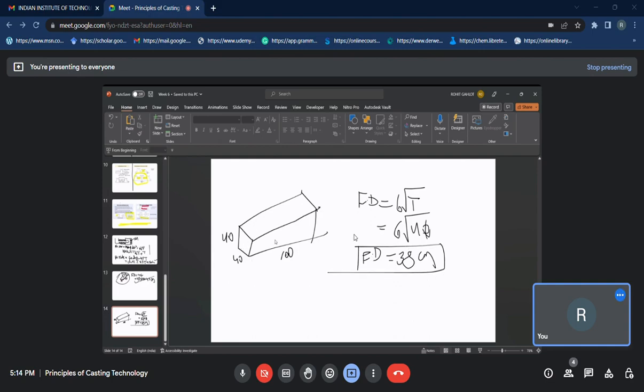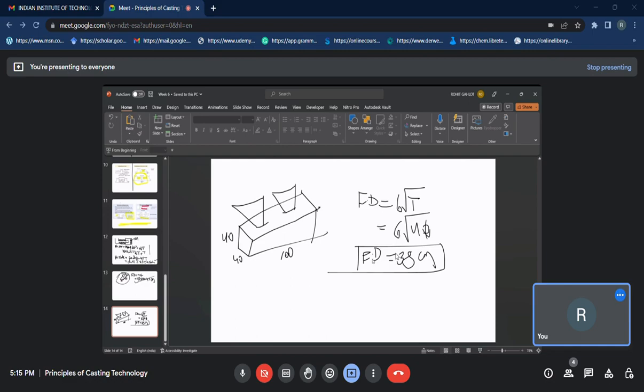So this is the feeding distance. As one riser will feed 38 distance only, you need to put two risers. If anyone asks you in the exam what is the number of risers needed, you can calculate the feeding distance and then see the ratio. One riser can feed up to 38 centimeter only, so this problem will need two risers.